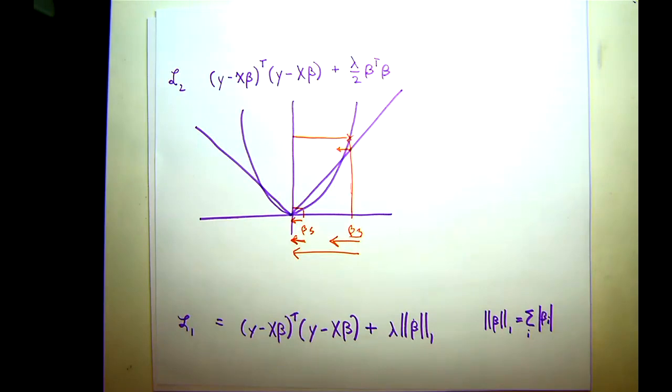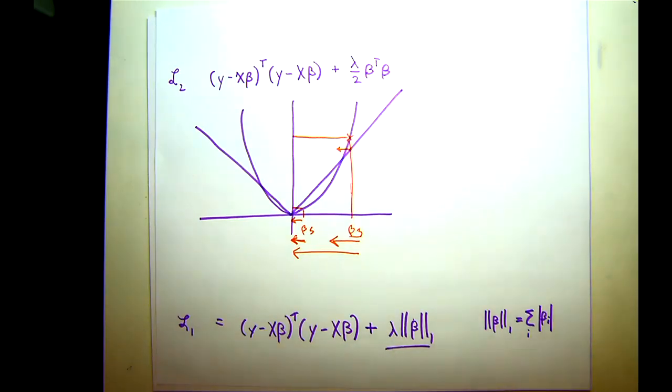So this has a very different behavior than the L2, as I just discussed. The one thing about L1 is that it's very beneficial in a lot of cases. However, one problem with L1 is that it is not differentiable.